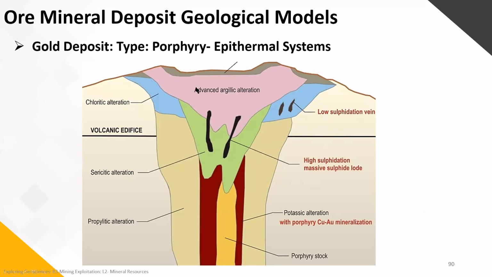We also have a change in the alteration, which is important to note here: from potassic alteration associated with the porphyry coppers, to the sericitic alteration associated here with our high sulfidation, and our low sulfidation chloritic alteration covered with our argillic alteration at shallow depths.